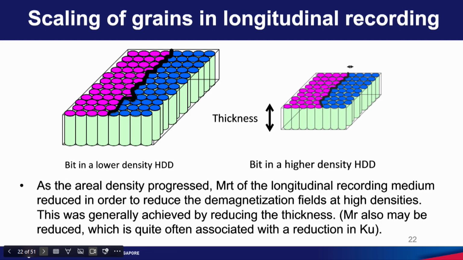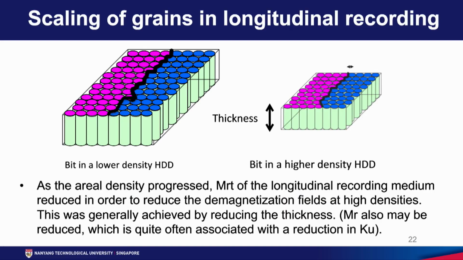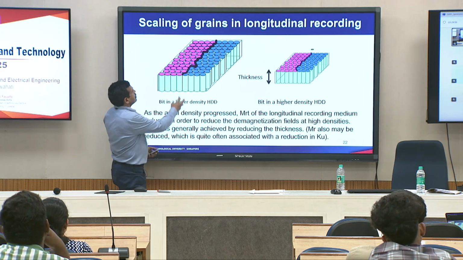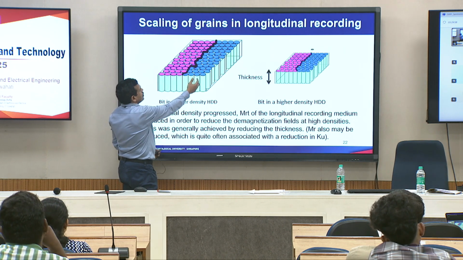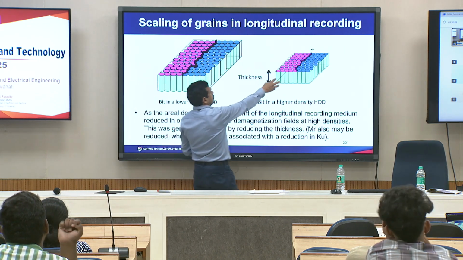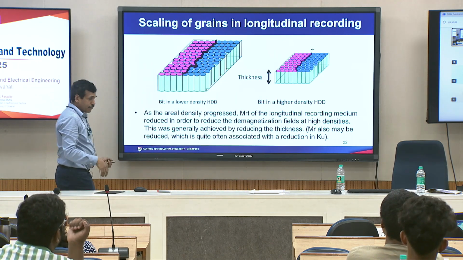We have been shrinking the diameter of the grains, and we have been reducing the thickness of the grains. You can notice that in low density hard disk drives, the grains which store the magnetization have a larger volume, and here you can notice that the grains have a smaller volume.